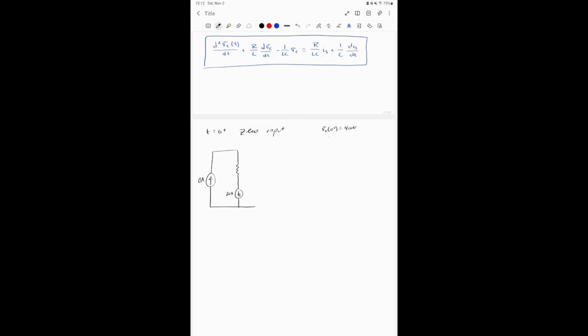So we still have 400 volts, and our IL of 0 plus is still 20 amps. Those values still apply because our charged energy storage devices are still charged. So that will not change, which is our plus minus VC. This is 20 ohms. That's our 20 amps.